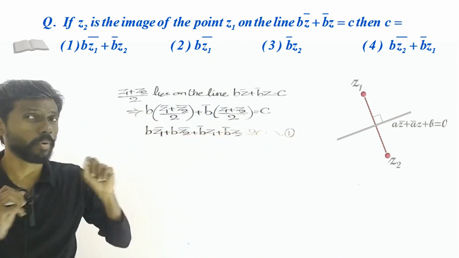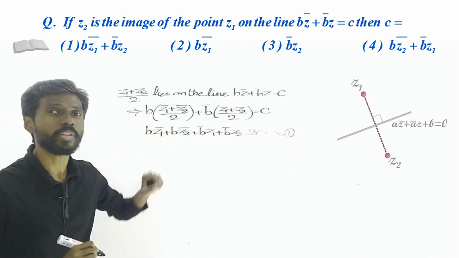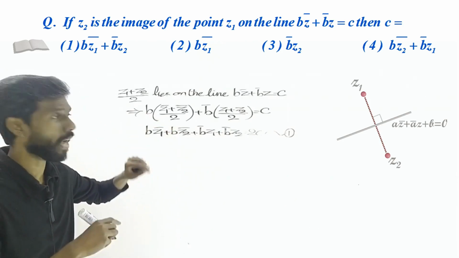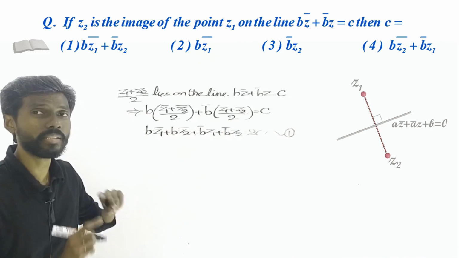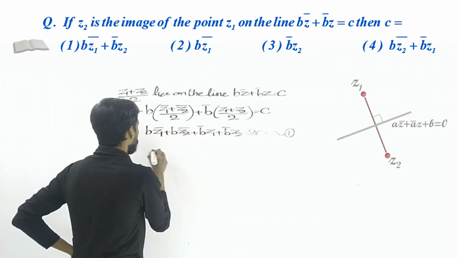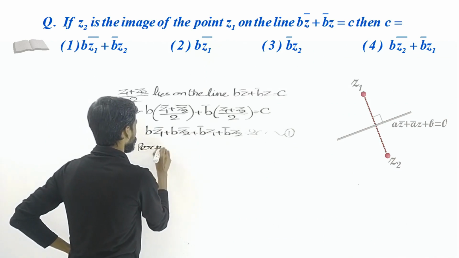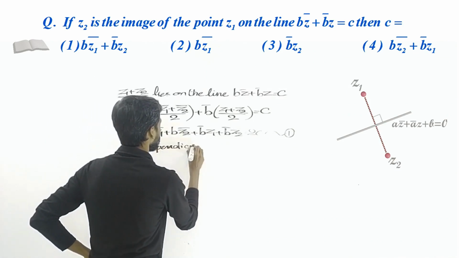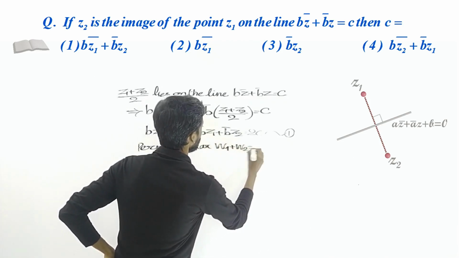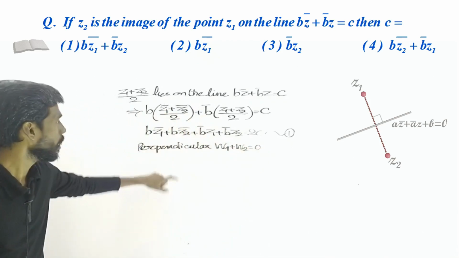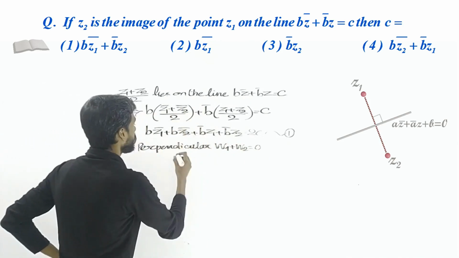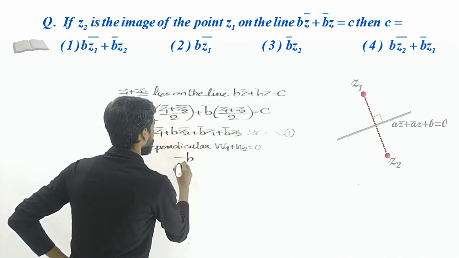So one condition, the midpoint lies on the line. The next condition is about the slopes: the slope of the line joining z1 and z2 and the slope of the given line, their sum is 0 because of complex slopes. So use the condition for perpendicular lines: the sum of slopes w1 plus w2 equals 0. What is the slope of the given line? It is minus b divided by b bar.